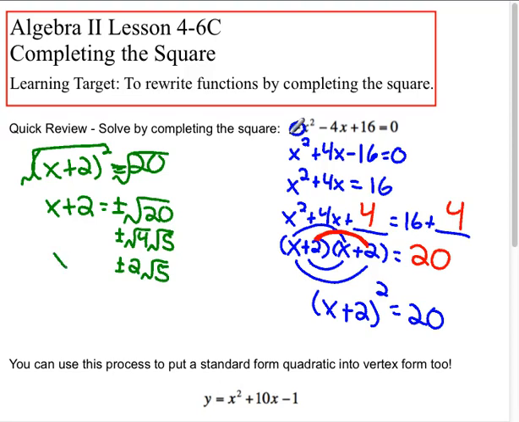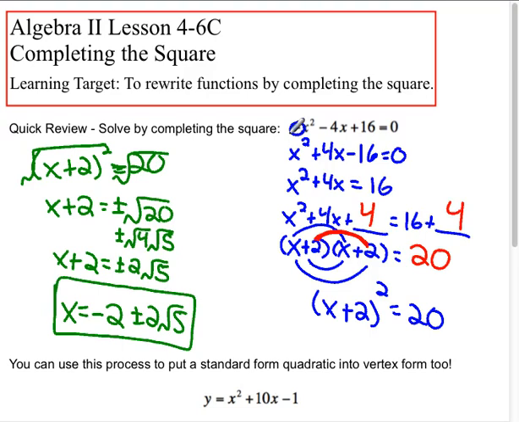Then, of course, I still have that x plus 2 over here. So if I want to know specifically what x is, I just have to subtract 2 over, leave everything that was already there, and there is my solution, okay? Not the prettiest thing ever, however, nonetheless it is the solution to that equation.